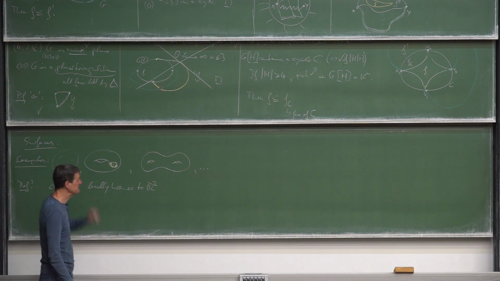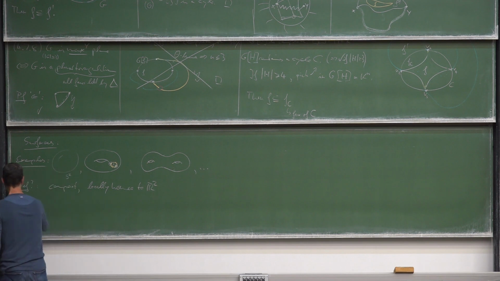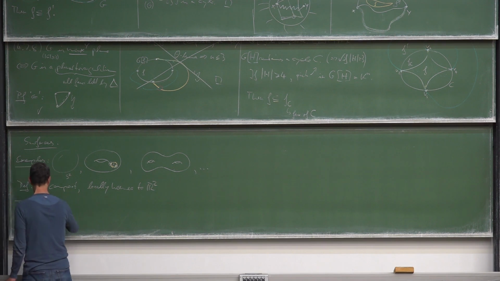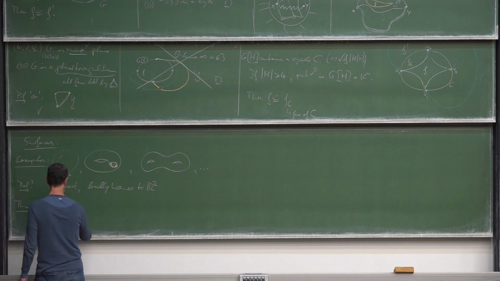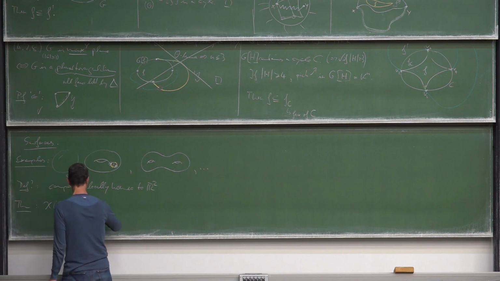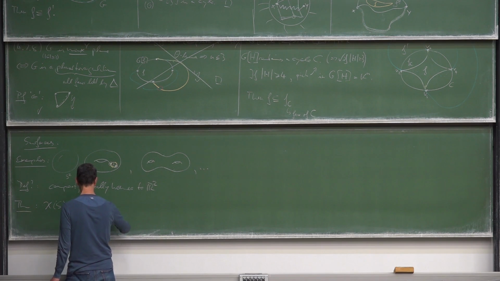So why are they distinct? And that is Euler's theorem. The Euler characteristic, chi, of a surface S is defined as, well, believe it or not, n minus m plus f.